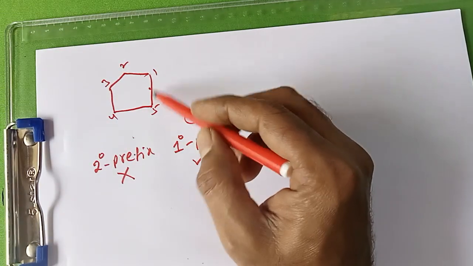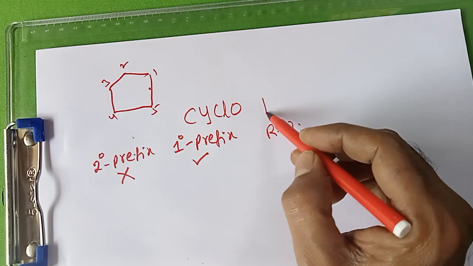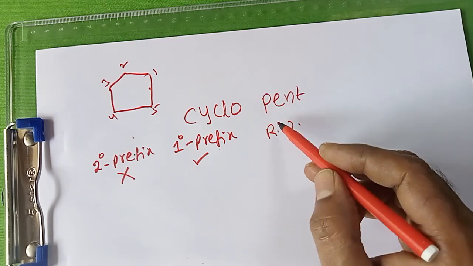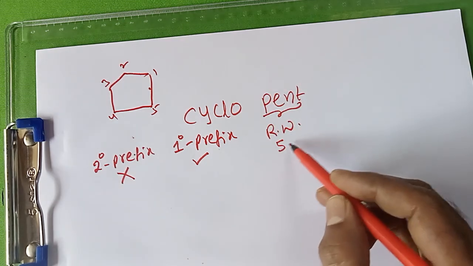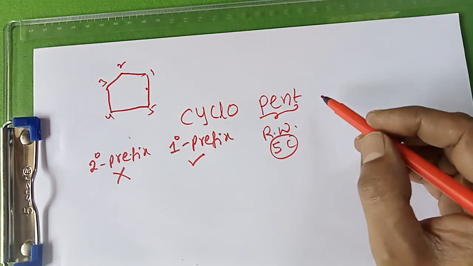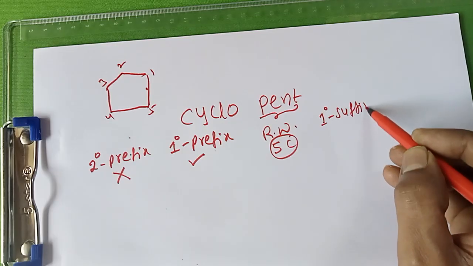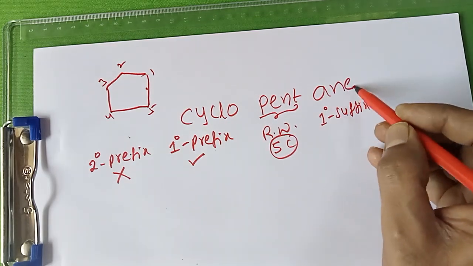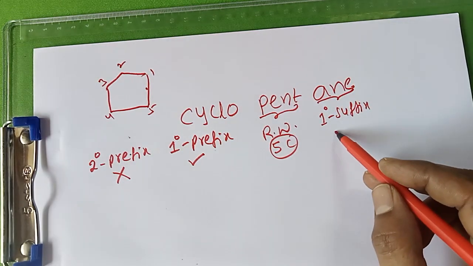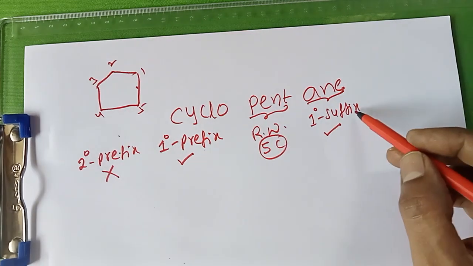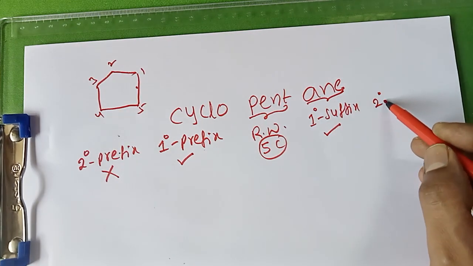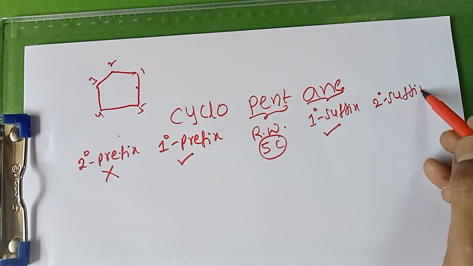So here what is the root word? 5 carbons root word pent. Pent is the 5 carbons root word. Very simple. Next primary suffix. Primary suffix is called what? Ane, A-N-E. Primary suffix. Next actually secondary suffix is required. Secondary suffix in the order.